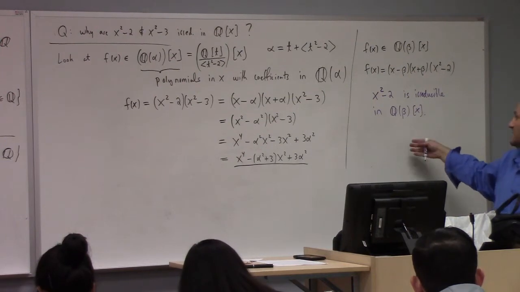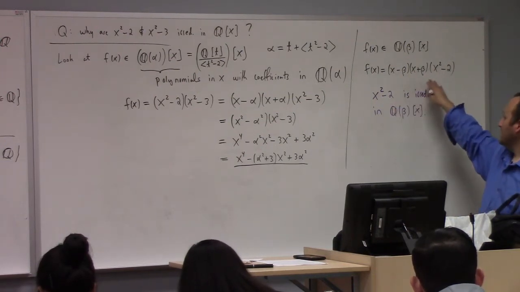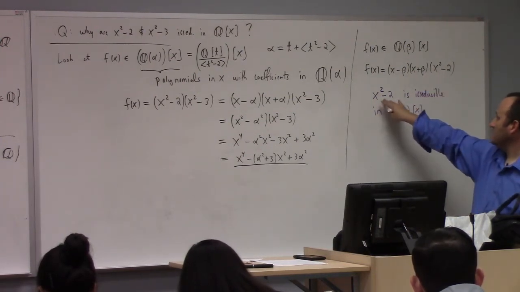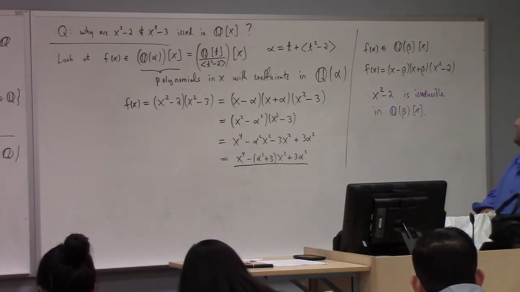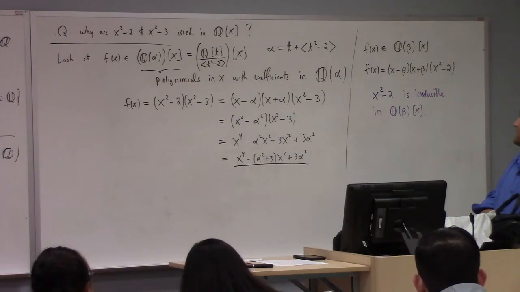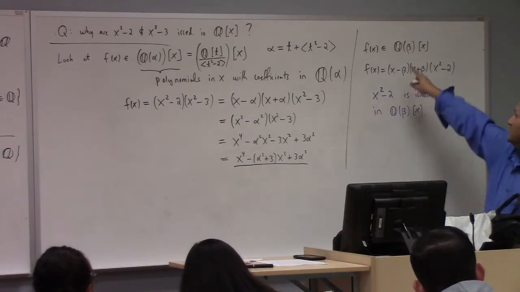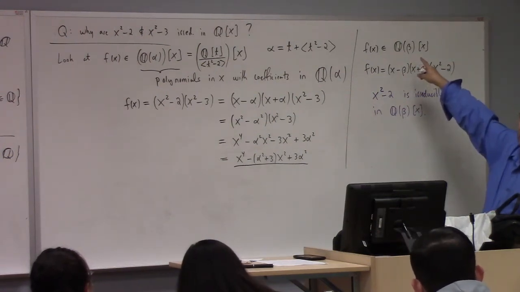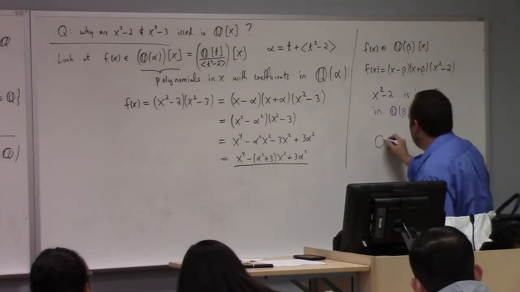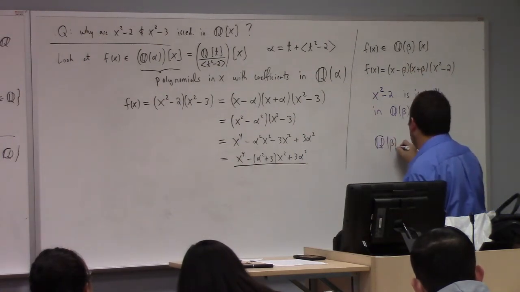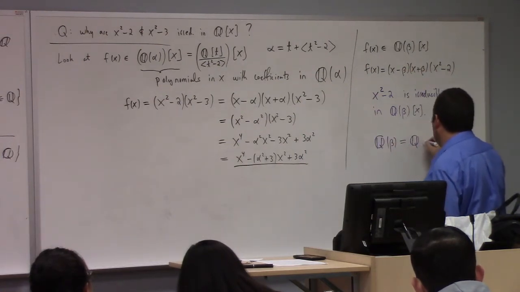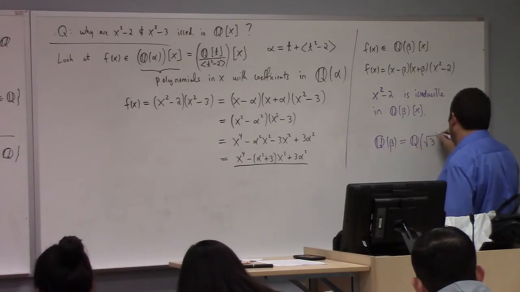If you try to say that this x squared minus 2 has a 0 inside Q adjoin beta, another notation that would be totally reasonable up to isomorphism would be this.